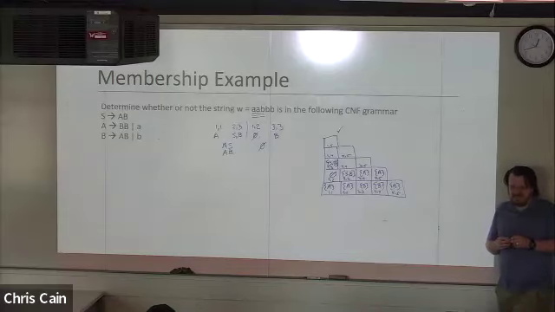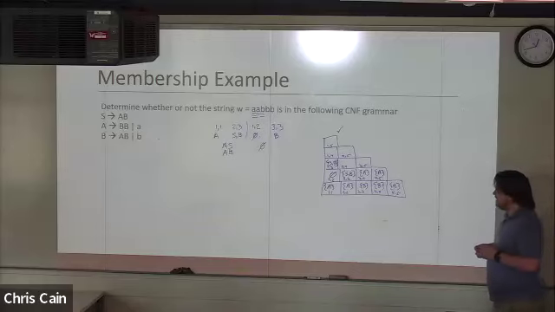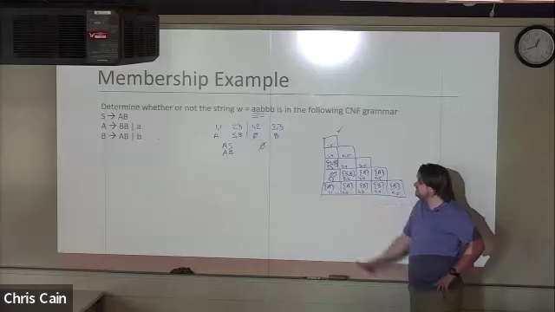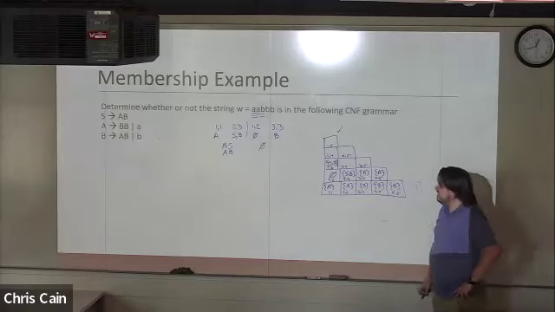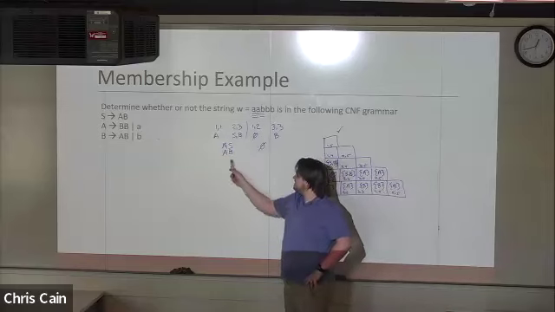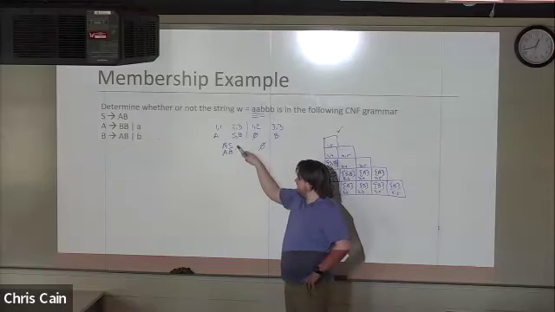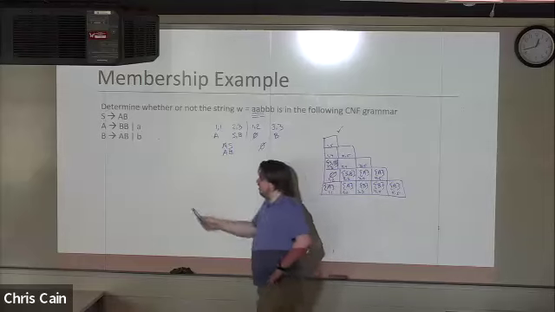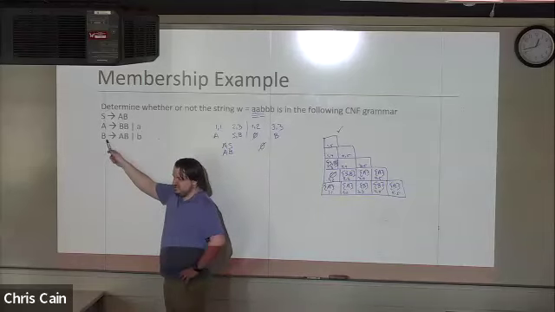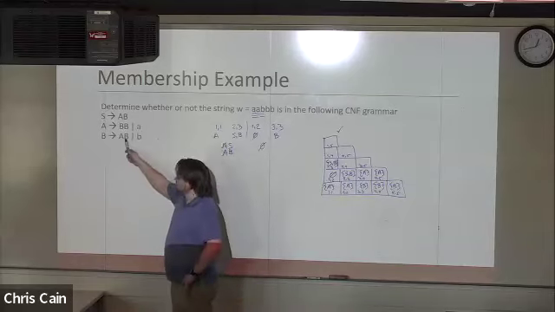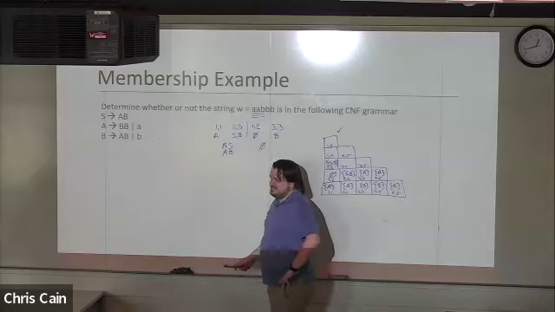What questions do we have on that? You just put in S and B right there. Why don't you add in the A? Because that would require BB to be somewhere, and the only options we have are AS and AB. So we want all left-hand sides of productions that can produce either an AS or an AB.